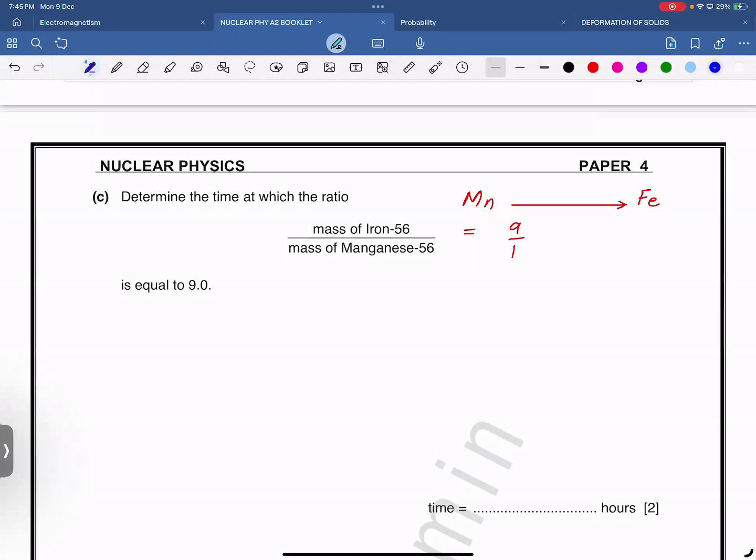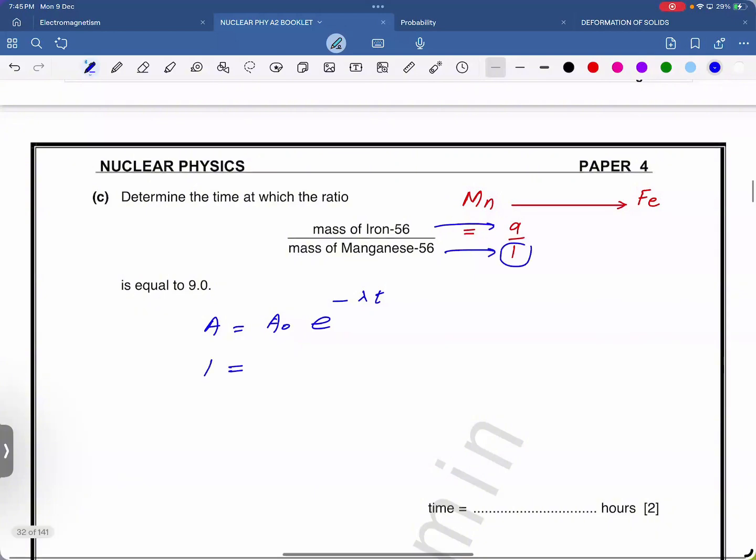So 9:1, when you write the activity formula, how do you write? A equals A naught e power negative lambda t, right? Or not right? My dear students, now 9:1 means what? The iron are 9, so remaining manganese is 1.